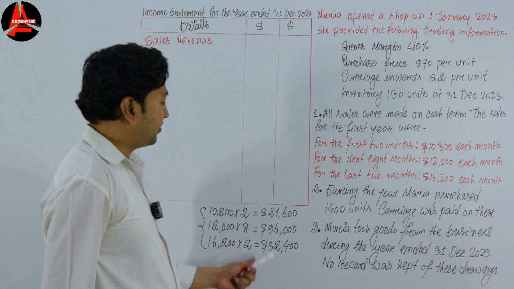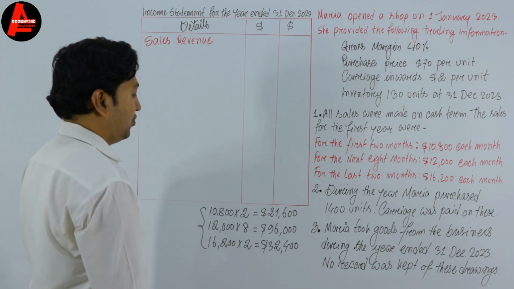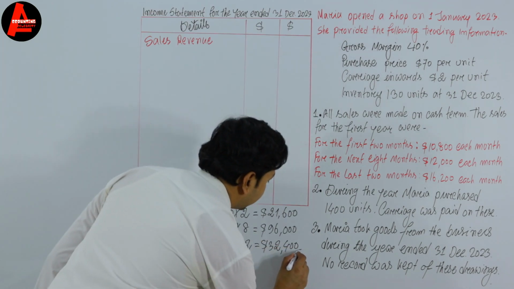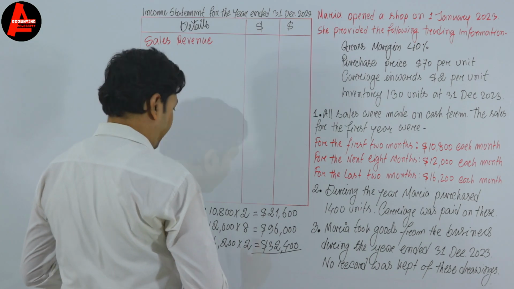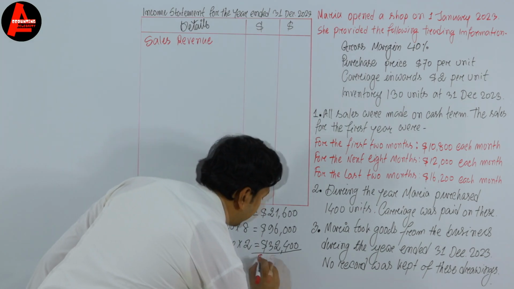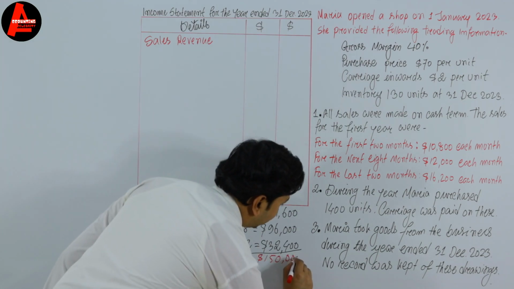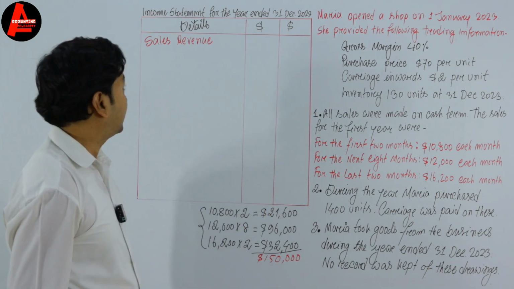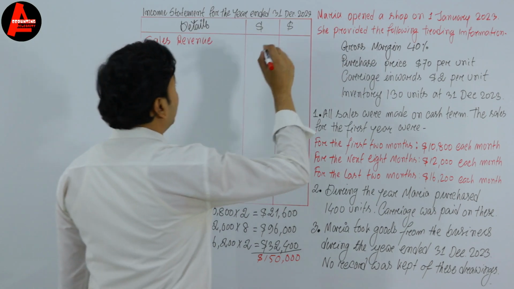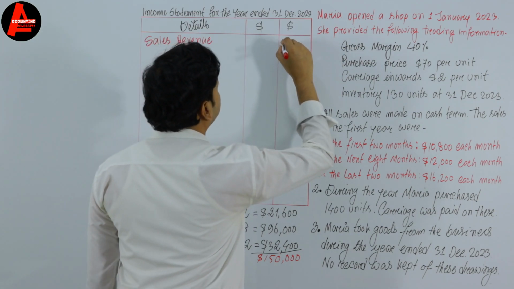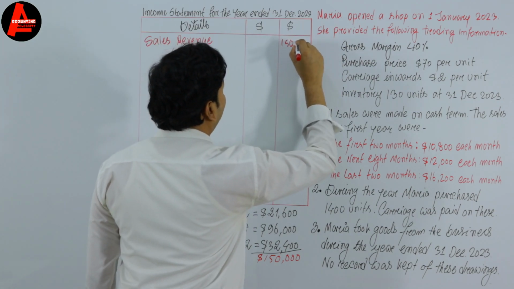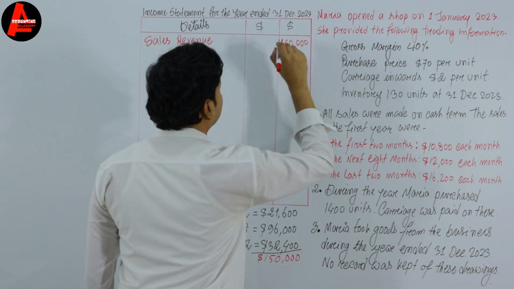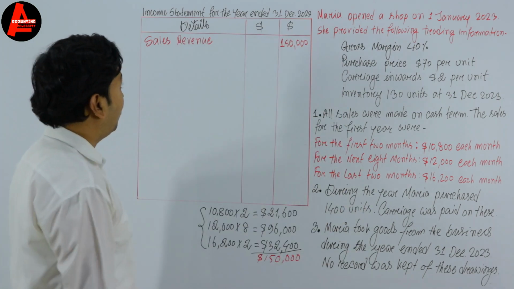Now if we sum up all three amounts, we get our total sales of $150,000, the total sales revenue. So let us write sales revenue $150,000.